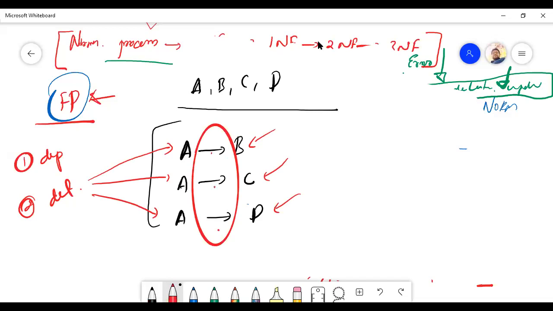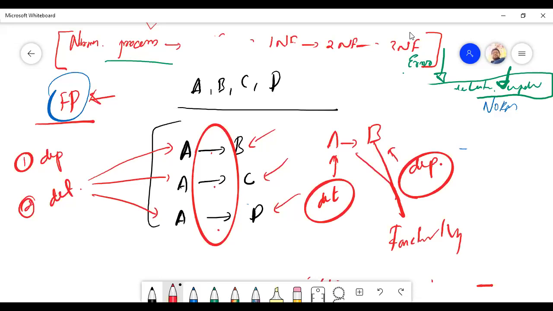You have to understand this is the determinant and this is the dependent. We are talking about functionally depending. B is functionally depending on A.